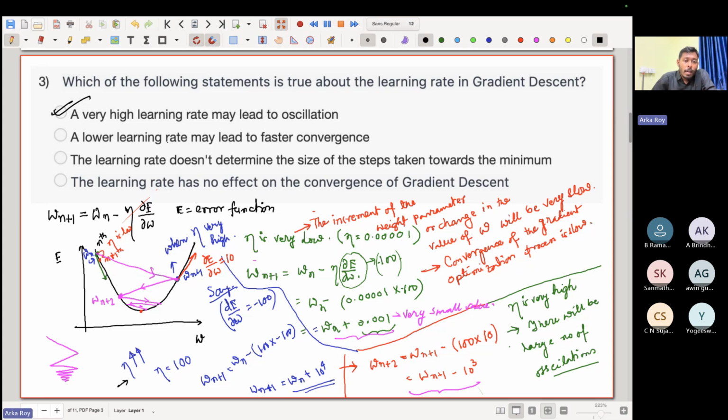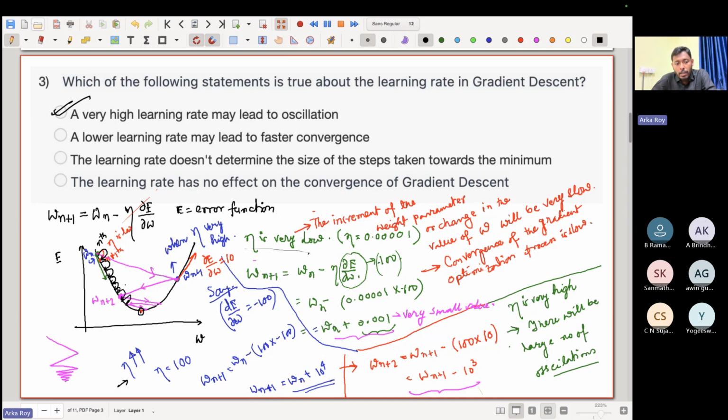A lower learning rate may lead to faster convergence. So over here, you can see that if you choose your learning rate to be very low, you're adding a very small value in each iteration. So that means your progress is very slow from here, then from here, then from here. So you'll take a large amount of time to reach this particular point. This is the point that you want to reach, and to reach it you have to go through multiple iterations.